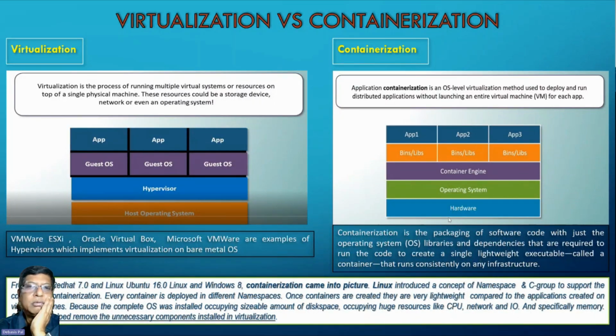Now, somebody thought that this is okay for the time being, but in future, I need something else. So what they did, they had the same hardware, they had the same operating system, but they installed a container engine. Instead of hypervisor, we have a container engine.